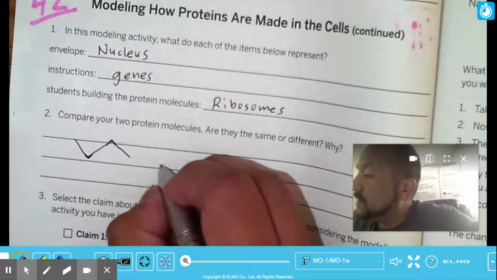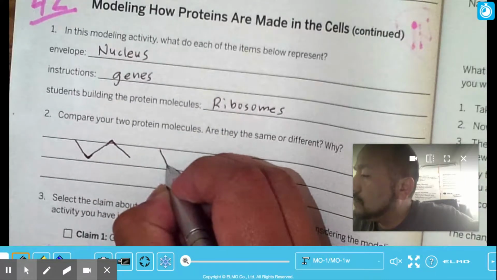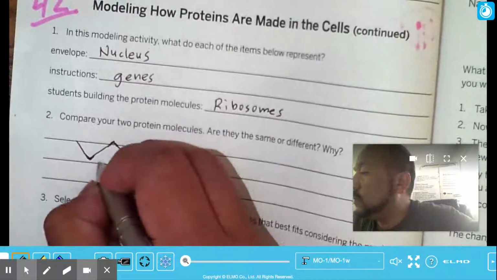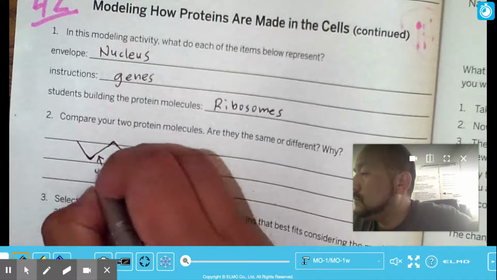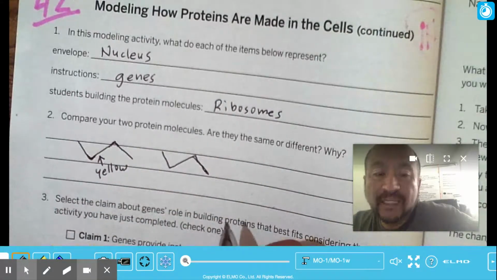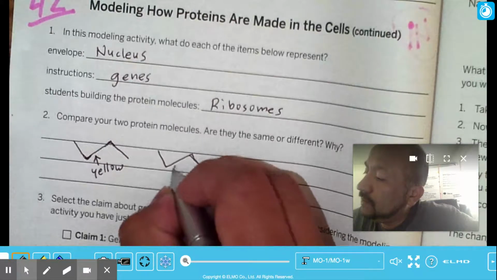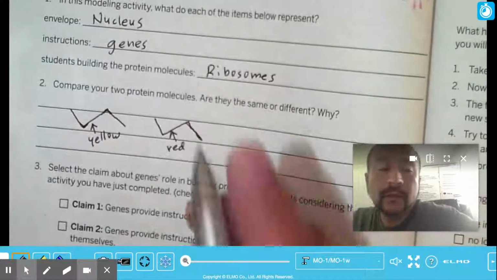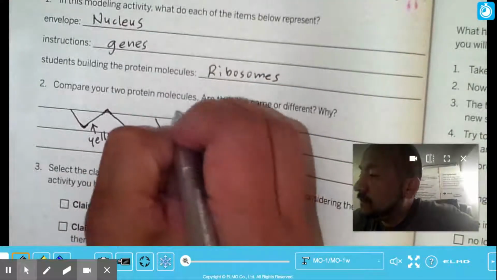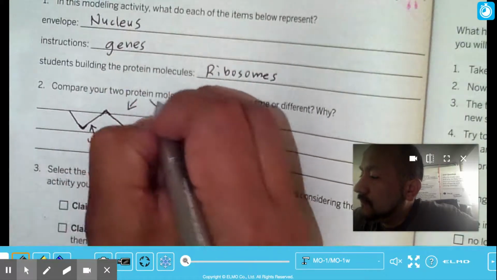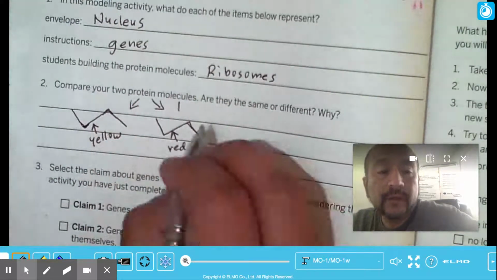And the other one was built in exactly the same way, except one was yellow. They used yellow pieces. These are both molecules, both proteins. They're both the same shape.